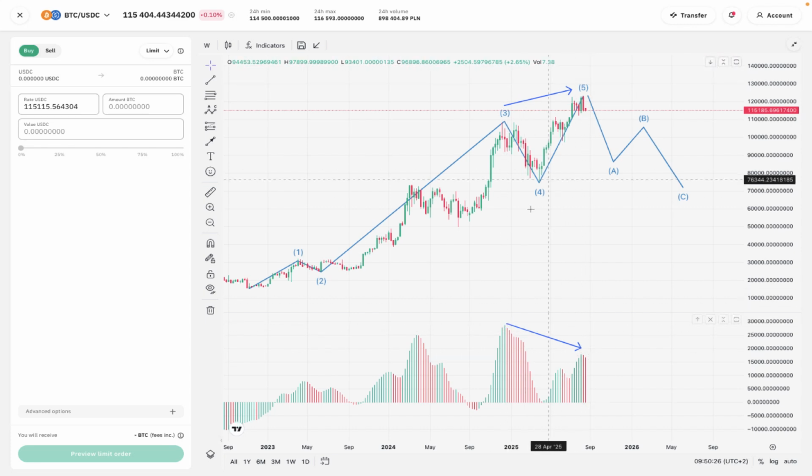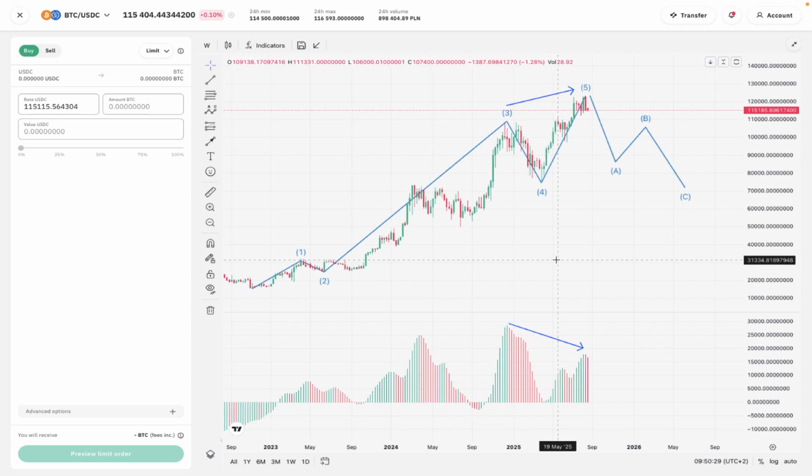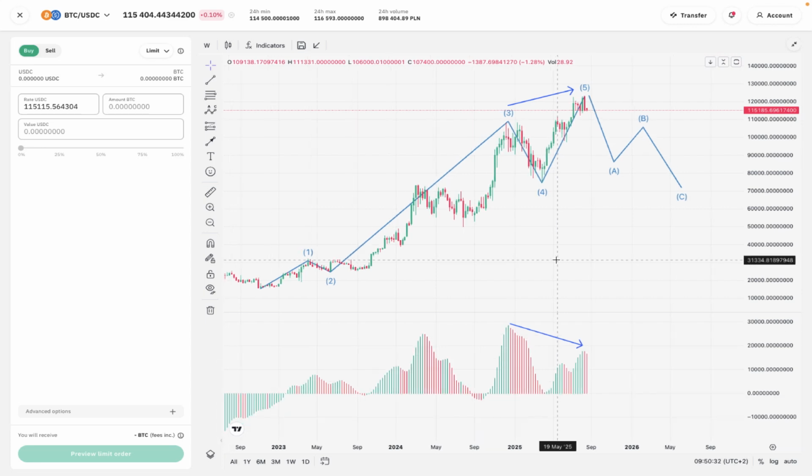Nevertheless, we have some indication that possibly for the long term, and I mean weekly, monthly, even quarterly measurements, we have some indications of a possible top in the Bitcoin market.